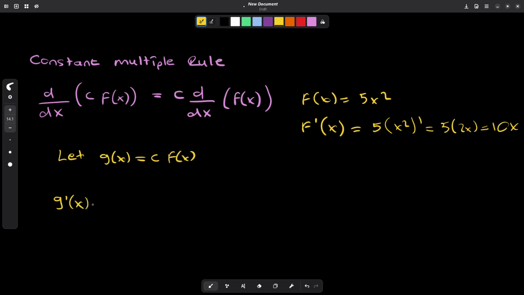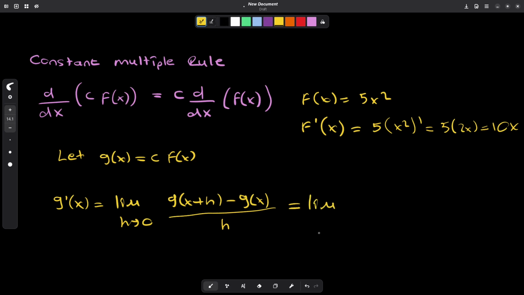So what is the derivative of g(x)? Of course, limit h approaches 0, g(x plus h) minus g(x), and this is over h. What is g(x plus h)? Plug this in, so it is c times f(x plus h) minus, what is g(x)?